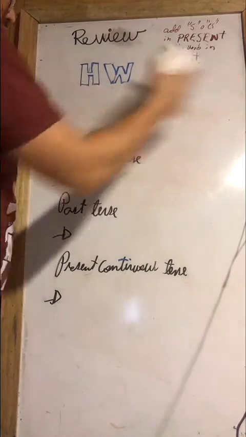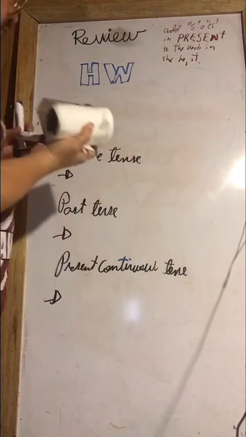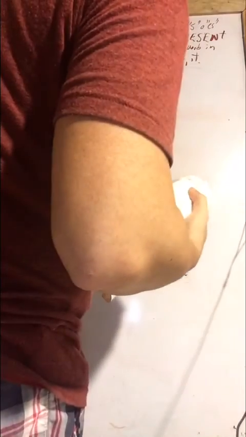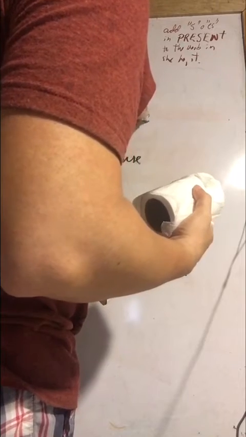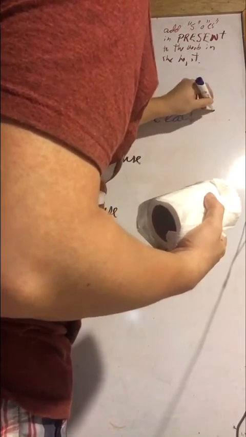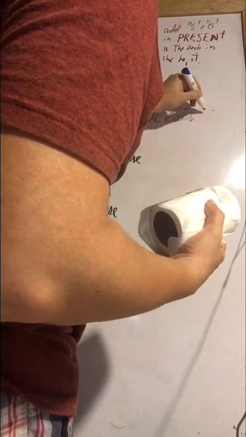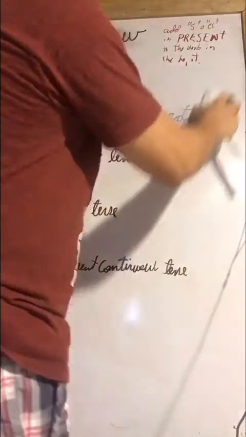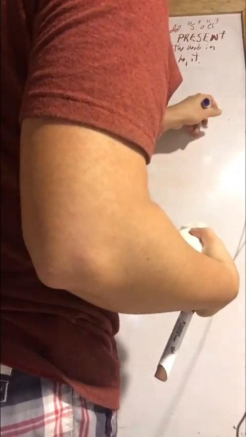Number 2. Pause it if you didn't have time to copy. Rewind it. My mother eats chicken. Something shorter. She eats mangoes.